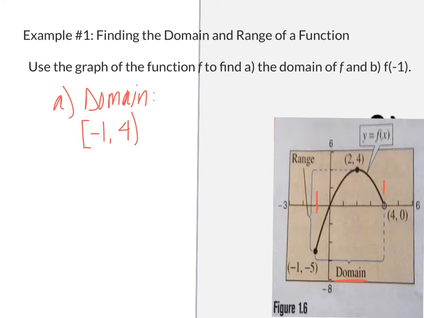If I use set notation, which again is just another way of saying it, this is again interval notation. Set notation would be domain is {x such that -1 is less than or equal to x is less than 4}. Less than or equal to -1 because it includes the -1, and less than 4 because it does not include 4.